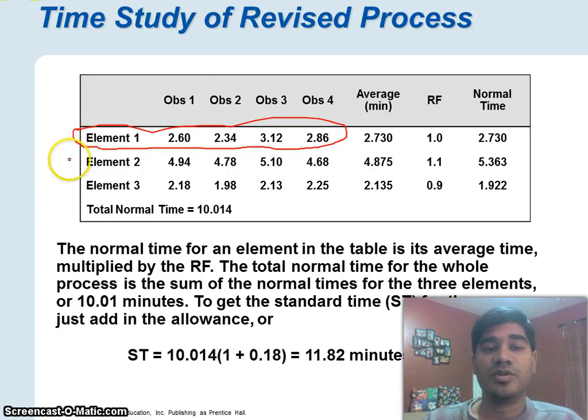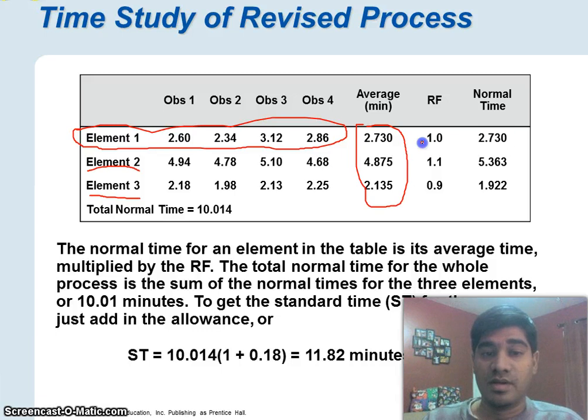And then as you go on, you have element two, which has certain observations, and then you have element three, which has certain observations, and then you can see the average for the 3 elements is taken here, and then here's the rating factor, and this RF is multiplied by the average, and so on, and this is added up.